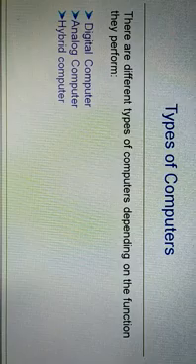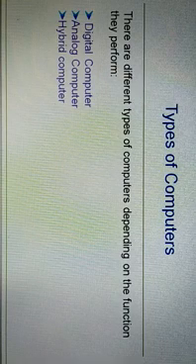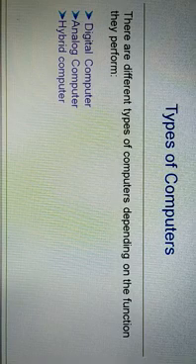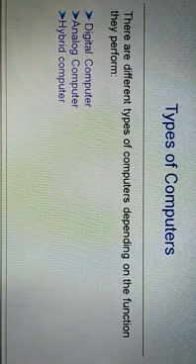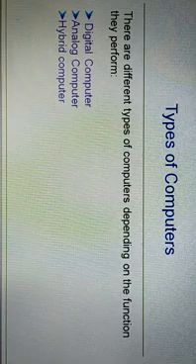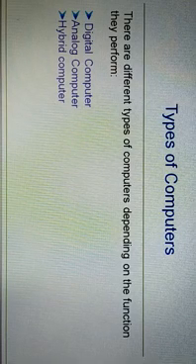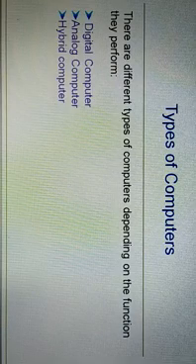So, digital computers are computers that work on discrete data, that is, directly counting numbers, letters, or special symbols, by saying yes or no, meaning off and on state, or true or false state.